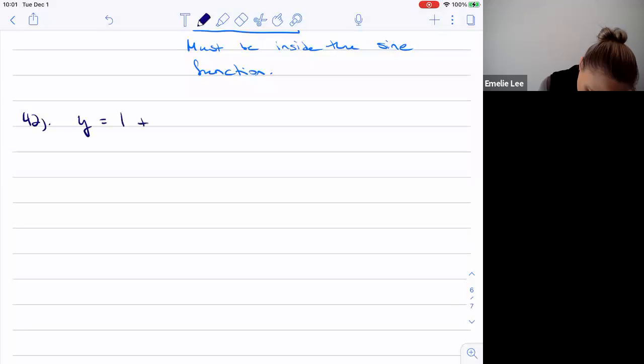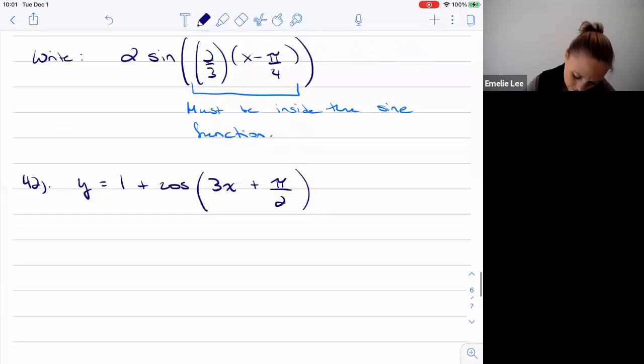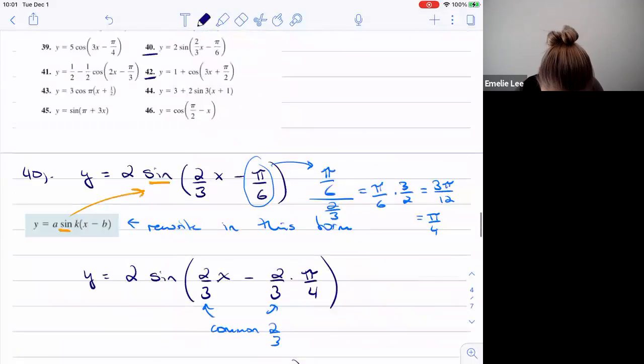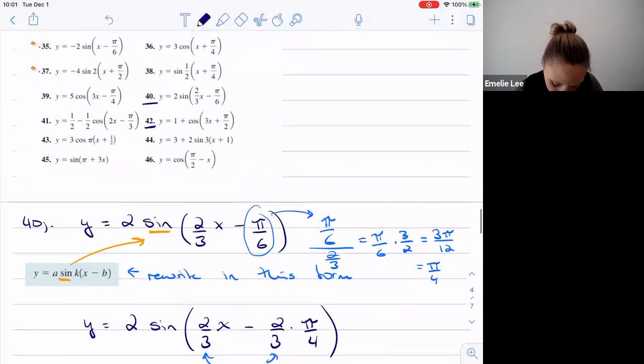Y is 1 plus the cosine of 3x plus pi over 2. I just want to make sure I got that. 3x plus pi over 2, good.